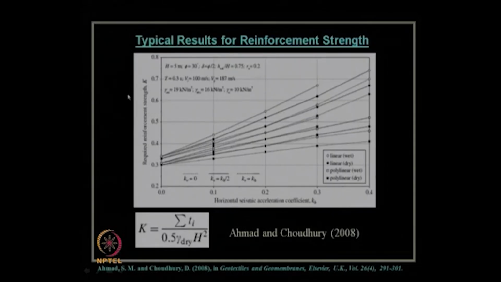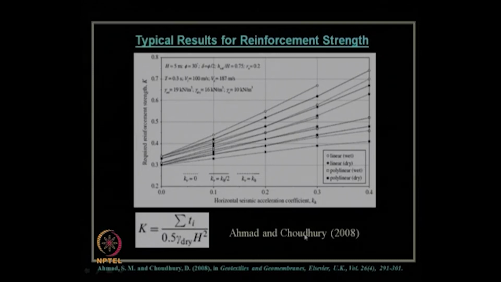This is the final design chart here again, showing how much reinforcement strength is necessary to withstand the hydrodynamic force and also the earthquake force of Kh and Kv of different magnitude.